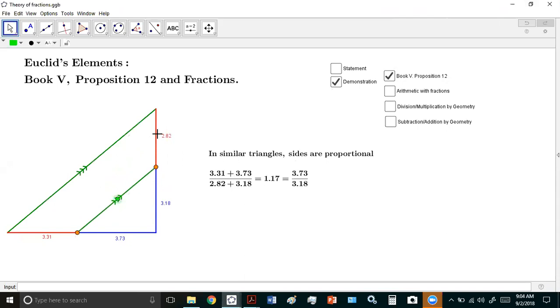It means that if you, for example, take this side divided by this side here, this side here divided by that side, this blue side divided by this blue side, then it's essentially the same as taking the sum of these blue sides, and dividing it by the sum of these blue sides.